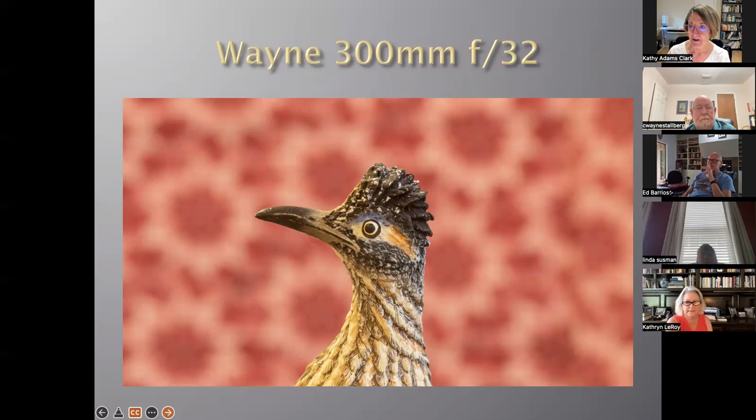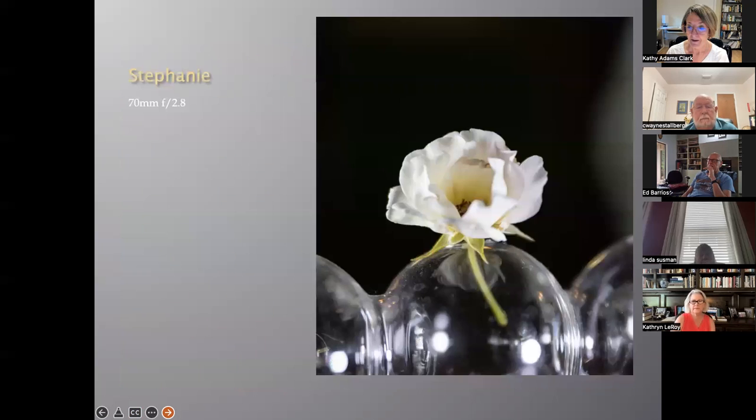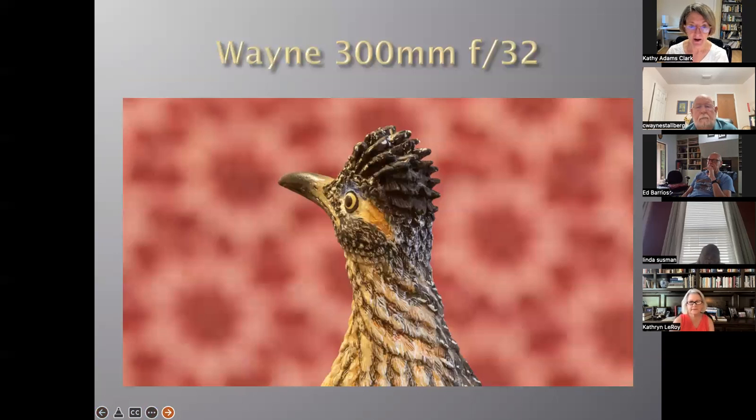Yep. And then here's your not flat to the film plane and almost have that beak and the back of the head in focus. But it takes a pretty good bit when we're focused as close as we can. Anything on that one, Wayne?